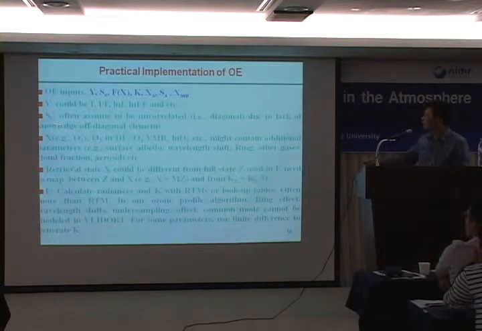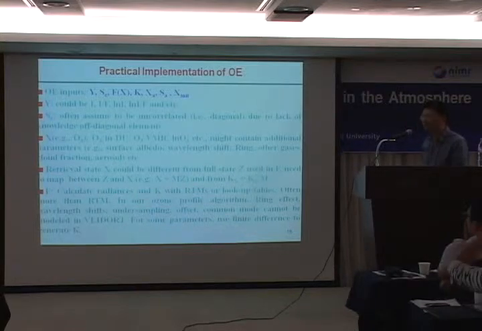For the measurement covariance matrix, we often assume that it's uncorrelated, diagonal, due to the lack of knowledge of the off-diagonal elements. And sometimes we don't even have a good knowledge about the measurement error for each individual measurement.